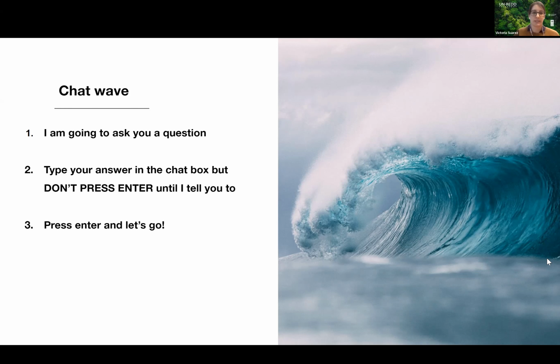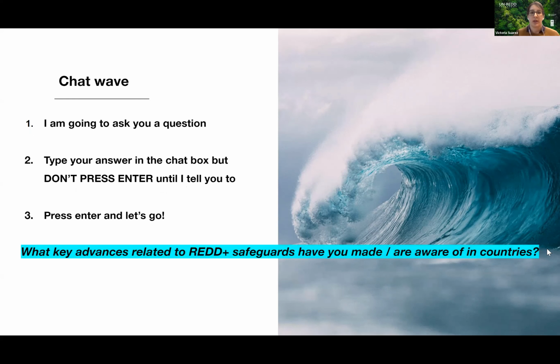Okay, could we see the question now? What are key advances related to REDD+ safeguards that either you have made or support in a certain country, or that you are aware of in some countries?